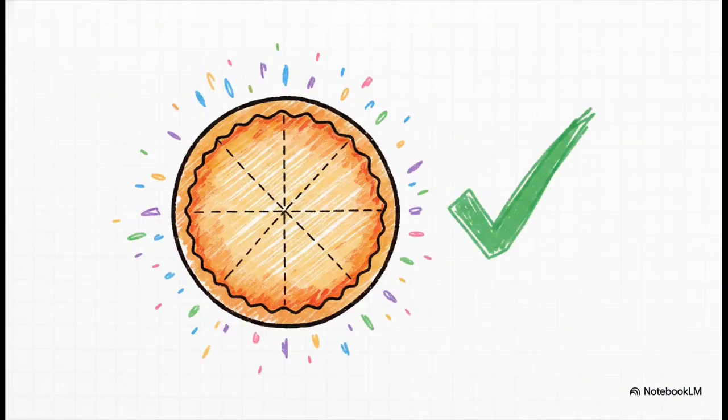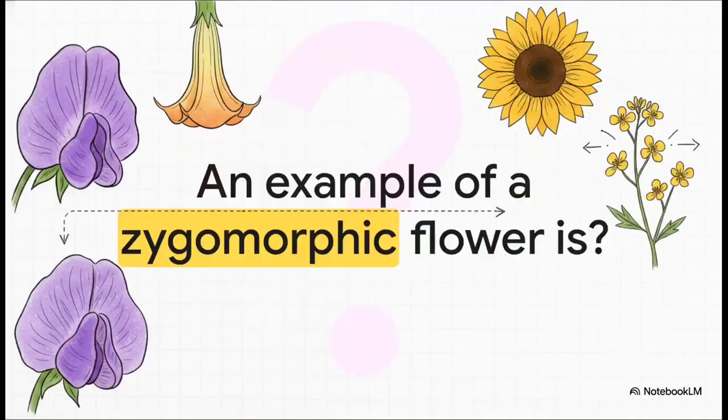And the correct answer is C, many, because it has that perfect radial symmetry. You can slice that pie straight through the center in any number of planes and still get those 2 equal halves.